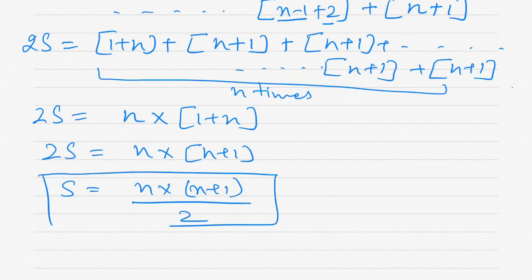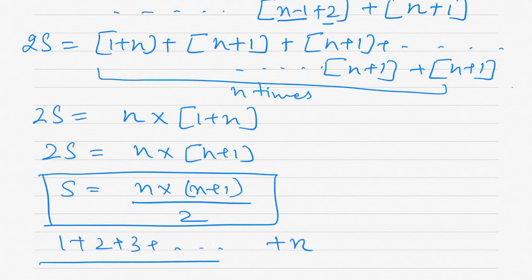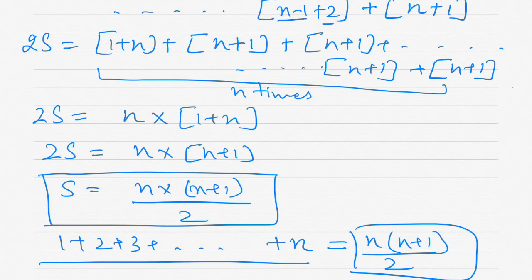This is the formula for sum of first n natural numbers. So 1 plus 2 plus 3 up to n, sum of first n natural numbers is equal to n into n plus 1 divided by 2. Yes, we have derived the formula for sum of first n natural numbers.